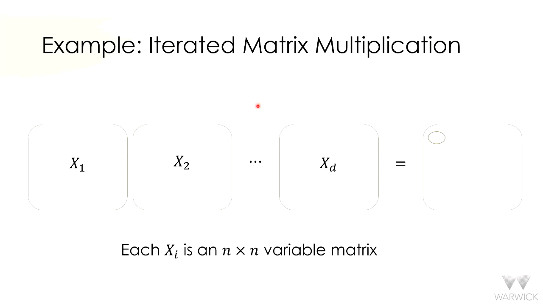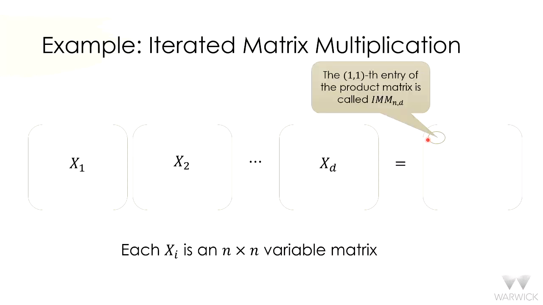All right, here's another example, that of iterated matrix multiplication, where you have d matrices, each consisting of n squared many distinct variables. And you look at the (1,1)th entry of the product matrix. That, of course, is a polynomial. It's a set multilinear polynomial. And that is what I'm going to call IMM n comma d.